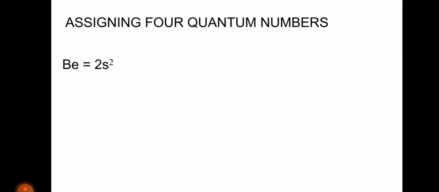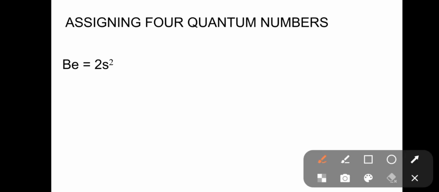Now, we have here an element, Be equals 2s squared. Let's find the value of n. Ang value ng n ay given na dito sa example natin. We have the 2s squared, diba? So, this number 2 here is the n.